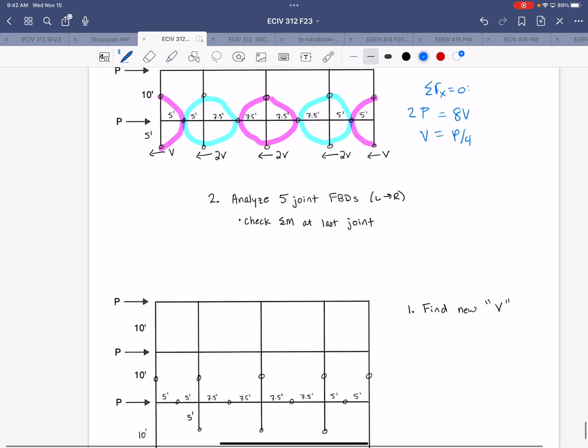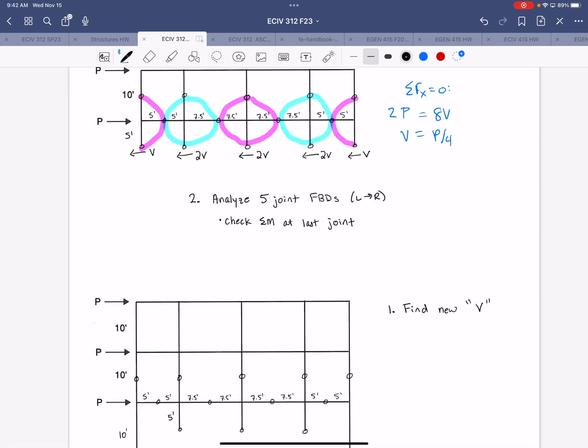And you will go through and analyze those 5 joints. So this time, you're going to have forces at this hinge that you already know from the previous level. So you would transfer that information, right?